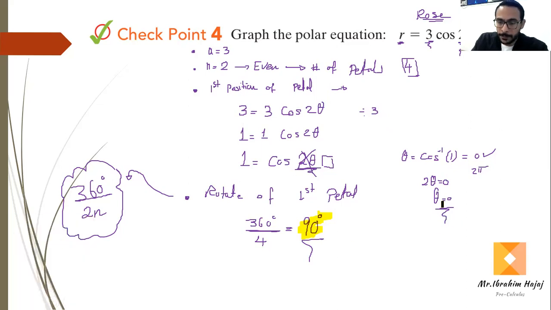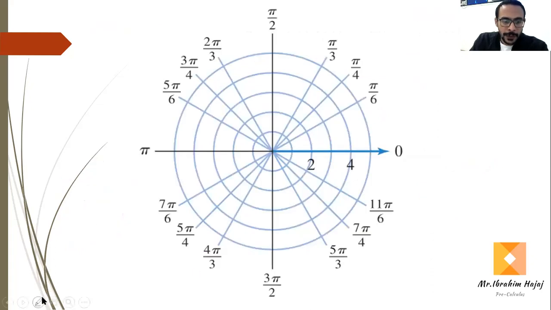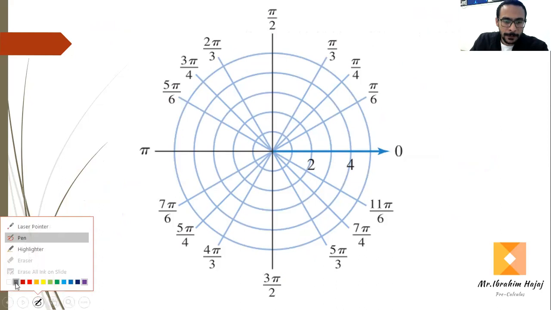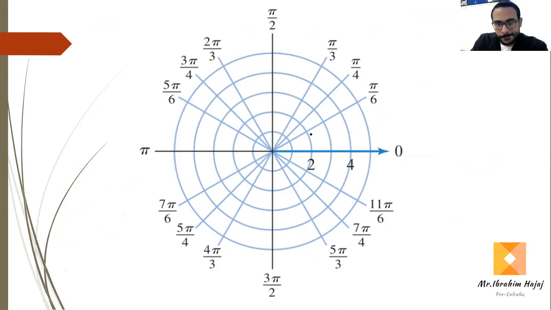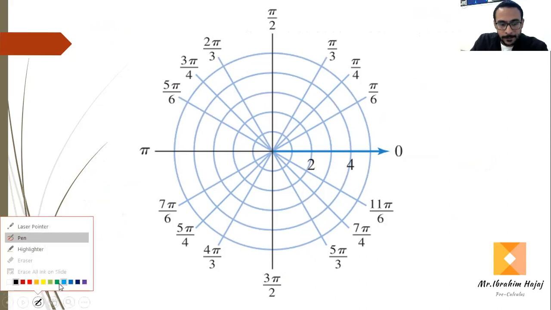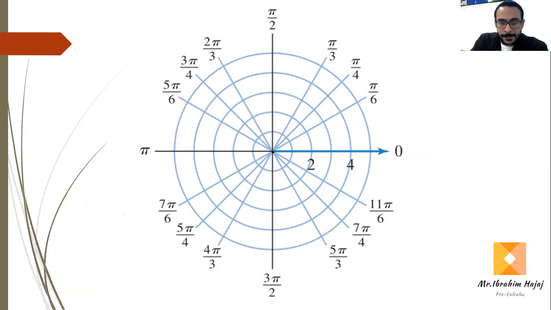Okay, now graphing. The first point is 3 and 0 degrees. Let's move on to the graph. Change the color to black. So 3 and 0 degrees will be on the third circle and 0 degrees, on the x-axis. A is 3, so 1, 2, 3, and put a point here.